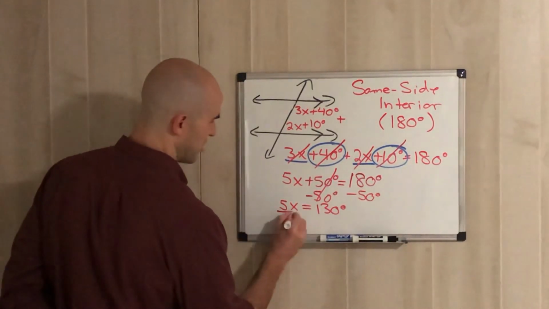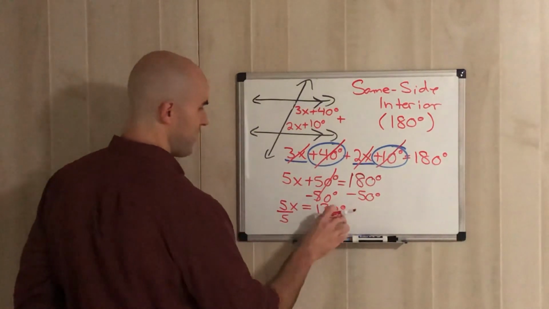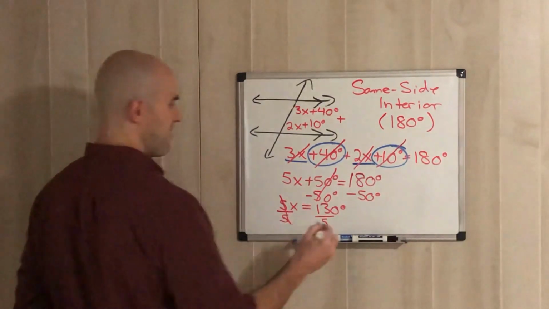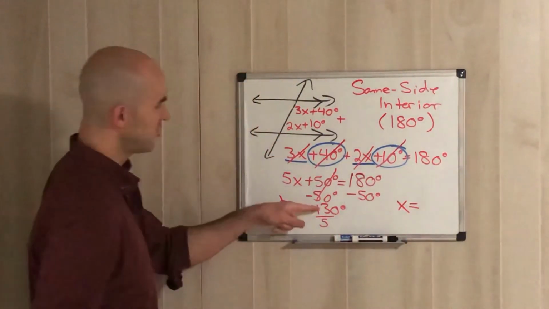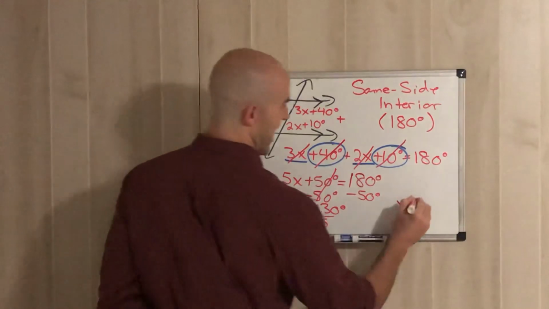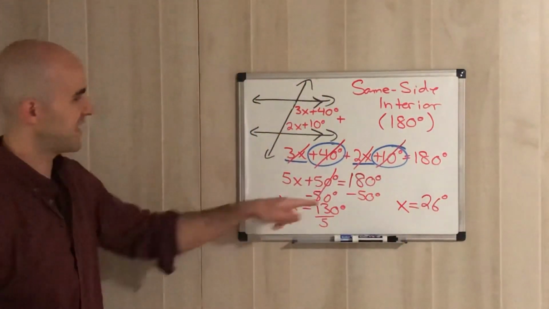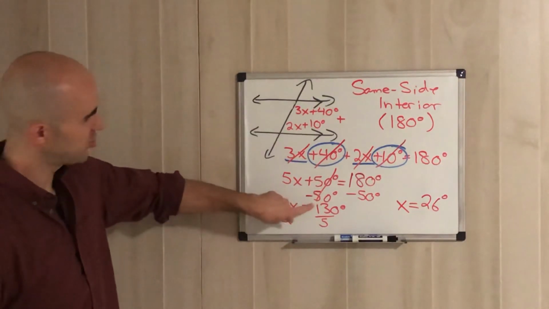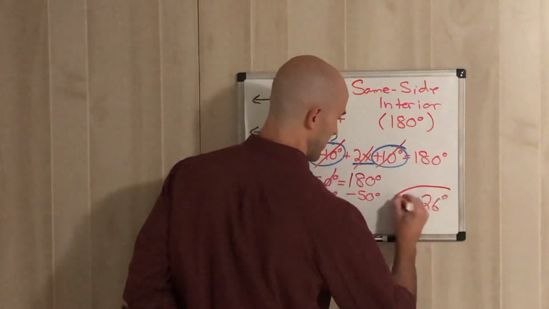Opposite of multiplication is division. So divide that by 5, divide this by 5, right? The 5's here are going to cancel out. And once we actually solve for it, we know that 130 divided by 5 is going to give us 26 degrees. And again, all I did to get 26 was 130 divided by 5, which gave us 26 degrees.